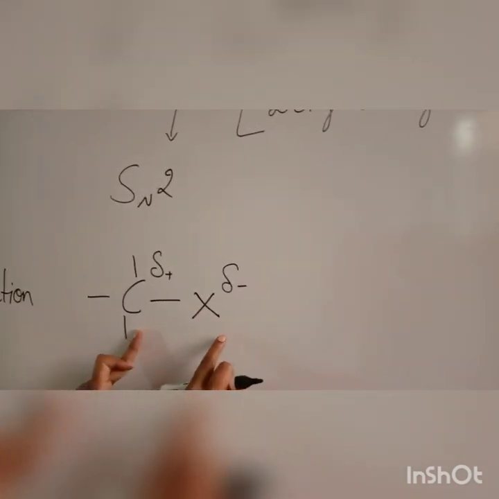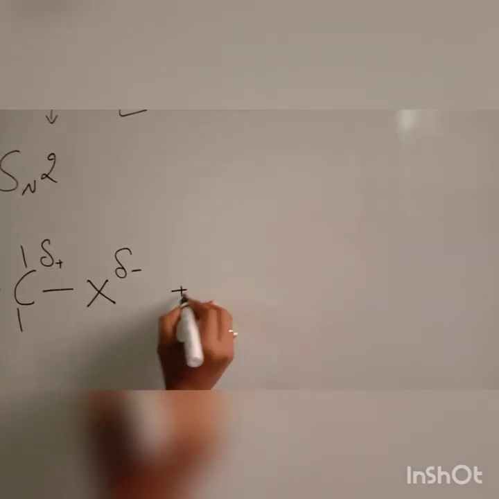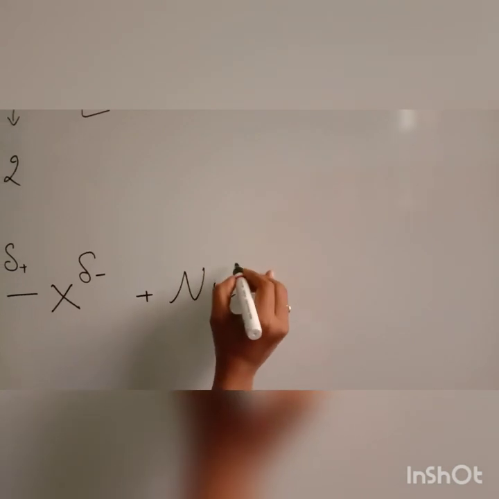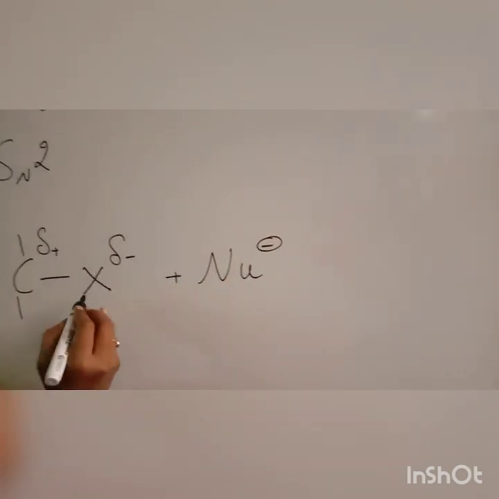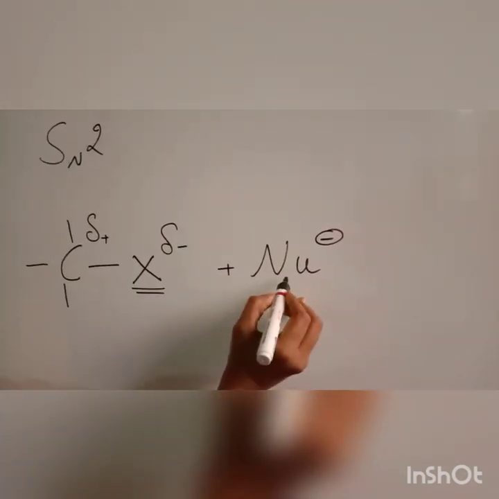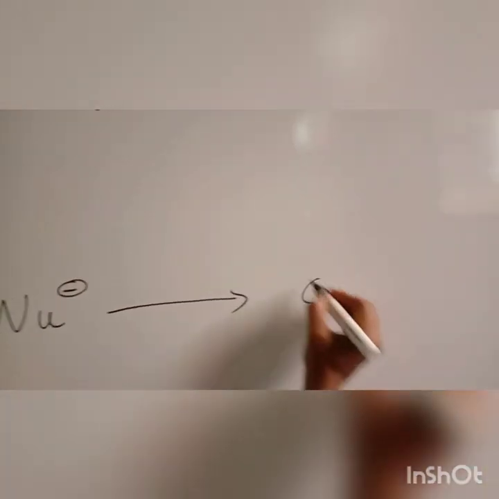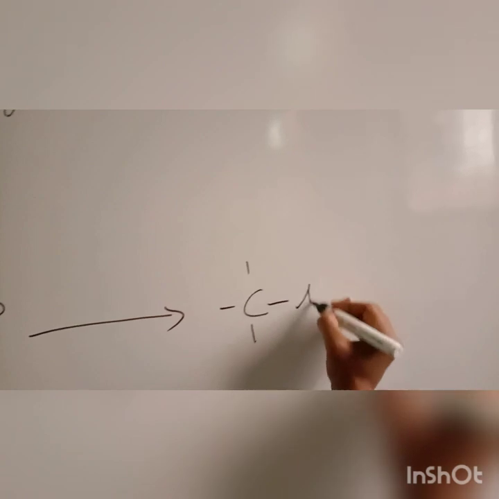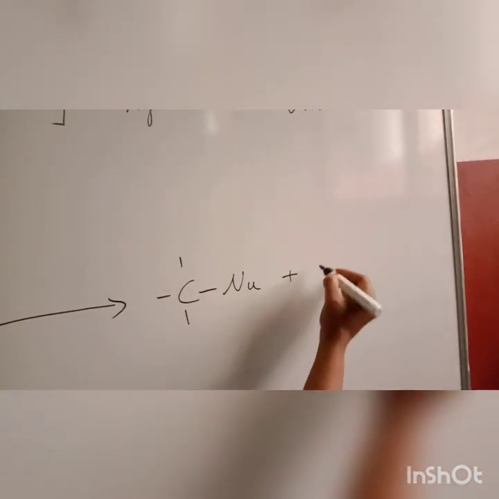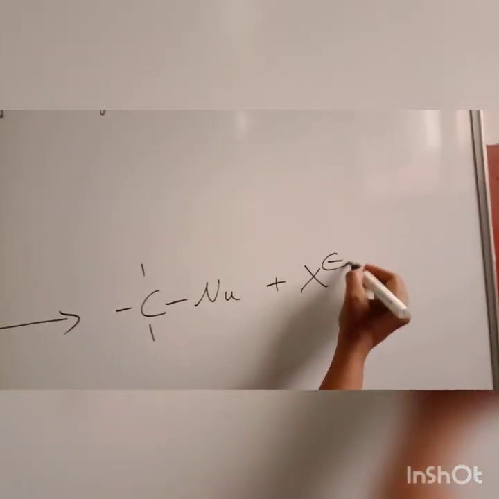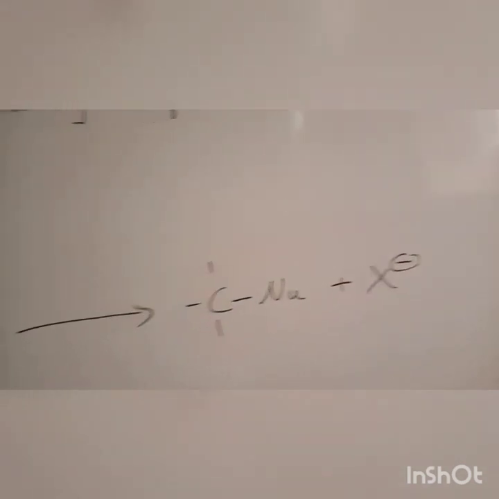The carbon and the halogen. Now, if I have a nucleophile and the halogen is replaced by the nucleophile, I get the product with the nucleophile, and the halogen comes out as the halide group.